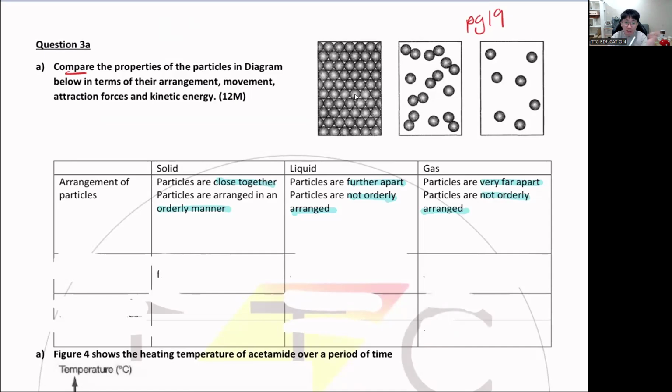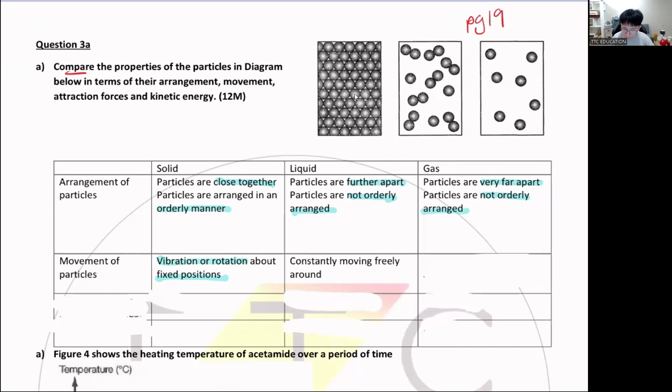Like when you hit a solid, you hear vibration, right? This is the vibration of solid particles. So we can say that the movement will be vibrate or rotate at fixed position. While liquid and gas start to move freely. So you can say constantly move freely, but for gas, I go with move freely at high speed.